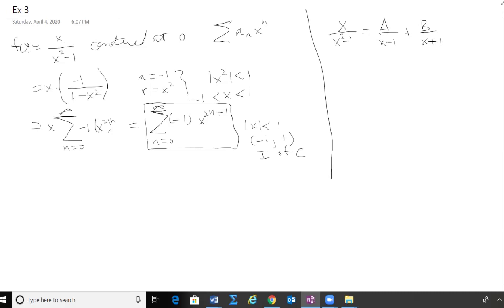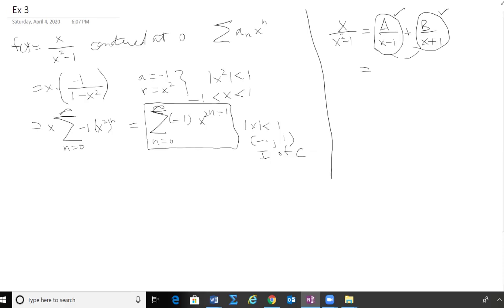Then all you'd have to do is come up with the right parameters a and b, and you would have two separate functions that could each be interpreted as a geometric series, and then you could add them together. The interval of convergence would be the intersection of the two intervals of convergence for each of these, whatever they would be.